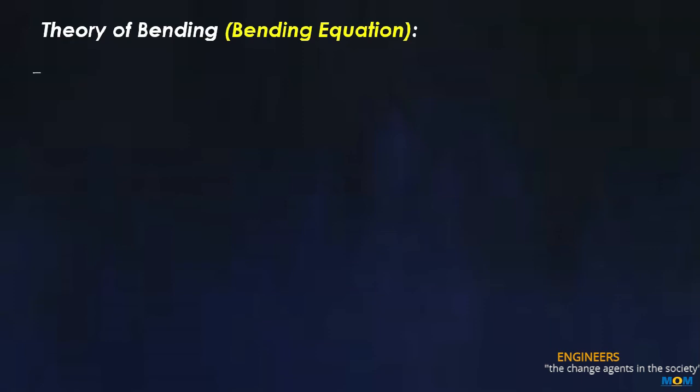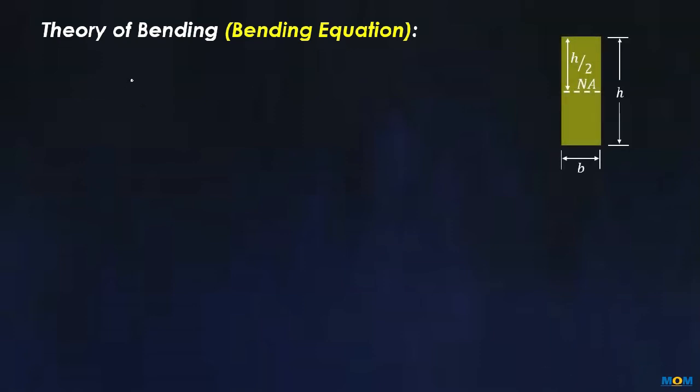Now we can write this as m is equal to E upon rho I, or m over I is equal to E upon rho.